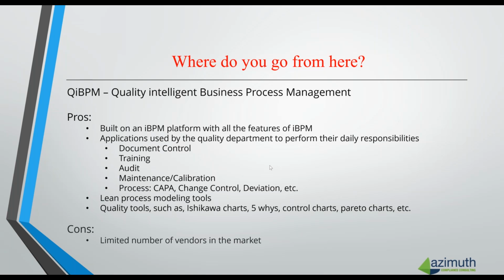So Six Sigma is built into the process module where you do your process workflow mapping. Also has quality tools from the 50s and the 90s, such as Ishikawa charts, 5 Whys, control charts, fault tree analysis, and so forth. All these tools that you use on a daily basis in your quality organization.